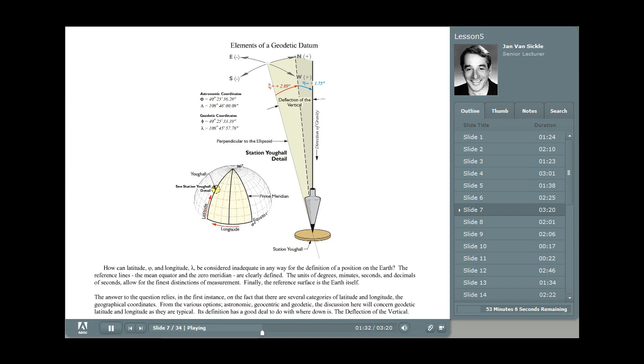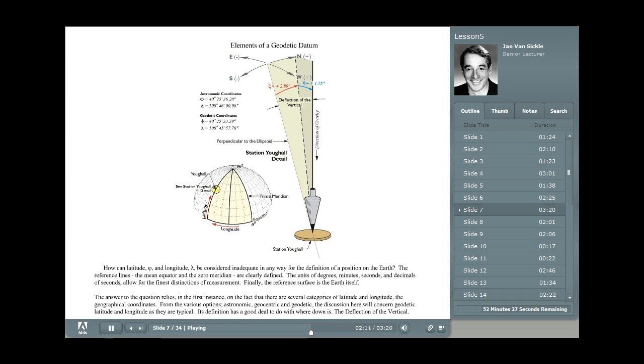And of course, an ellipsoid is something that we're going to have to discuss some, but in shorthand terms, it is a smooth, mathematically determined representation of the Earth. It isn't plagued with the irregularities of the actual terrestrial surface, nor the irregularities of gravity. It's a smooth, ellipsoidal surface that is used to approximate the surface of the Earth.